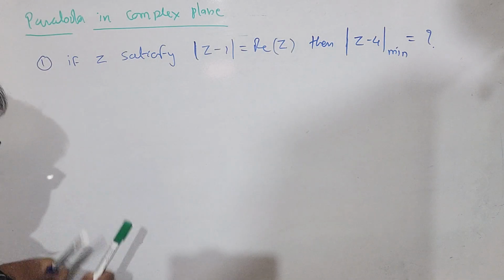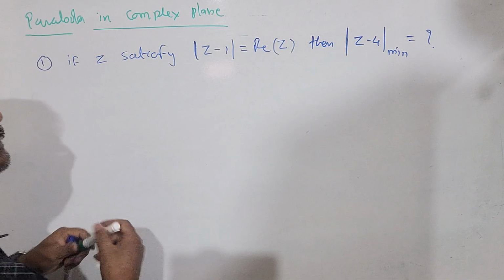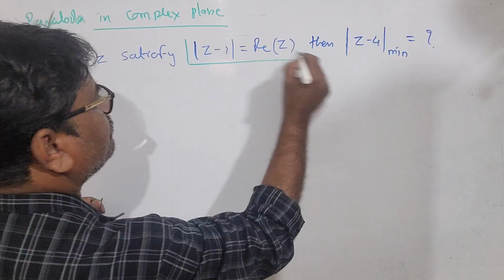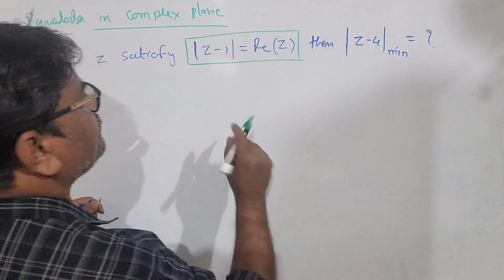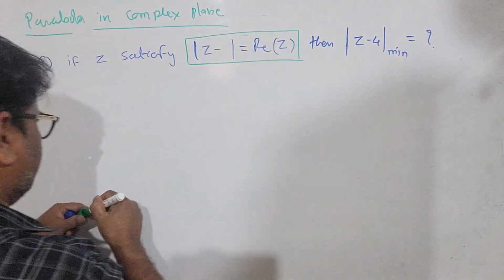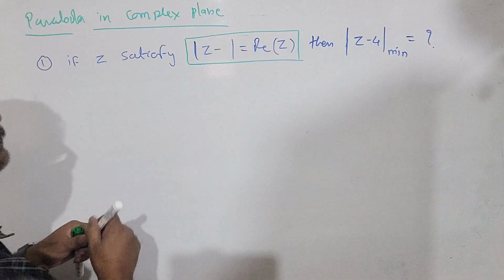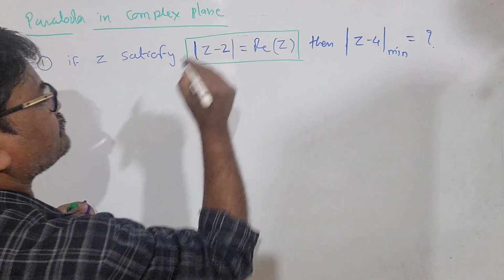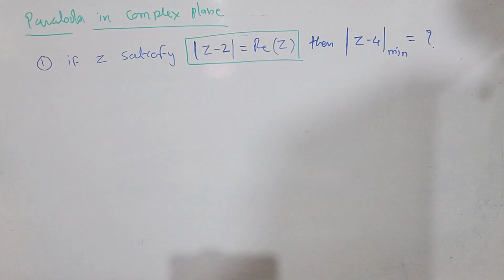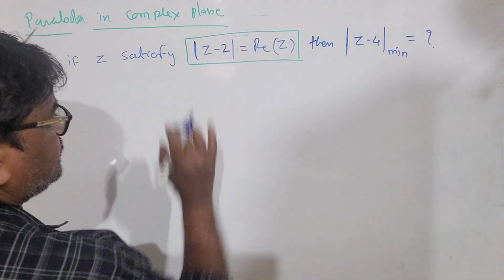We know that this locus is a parabola. Here it is not z minus 1; in this question we will take z minus 2.